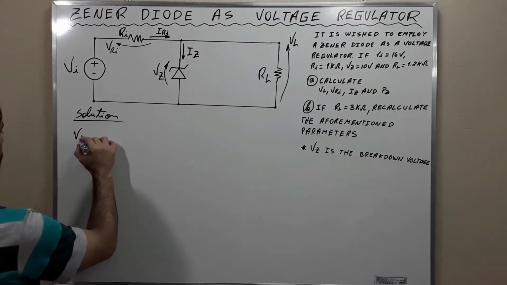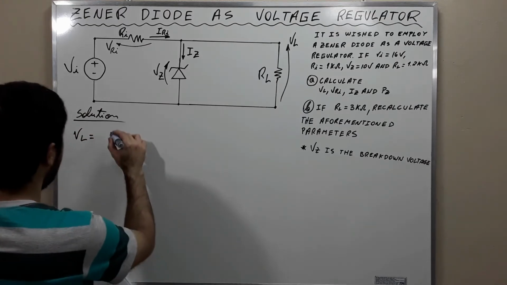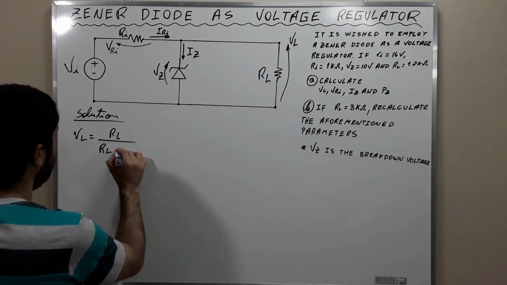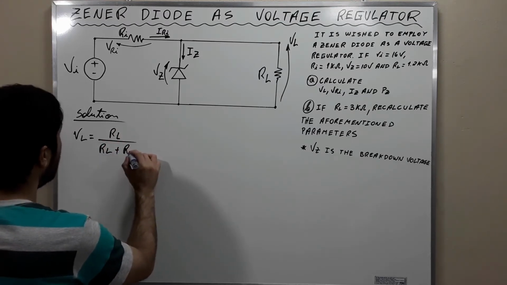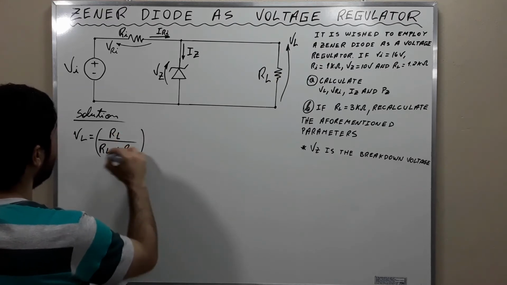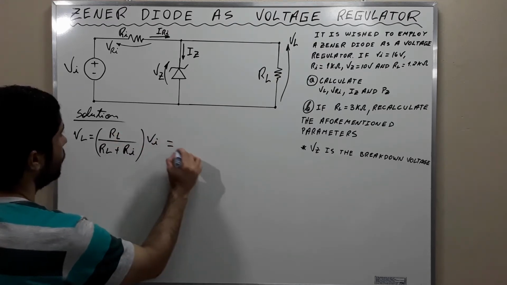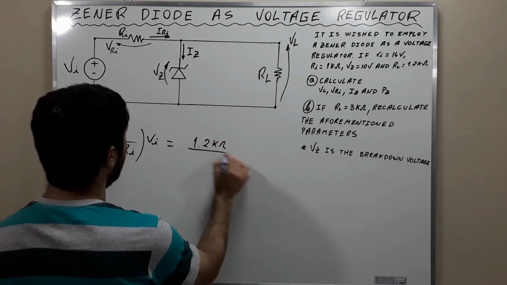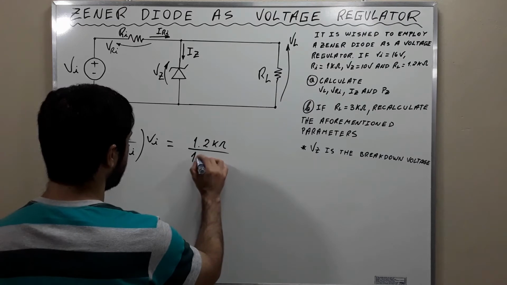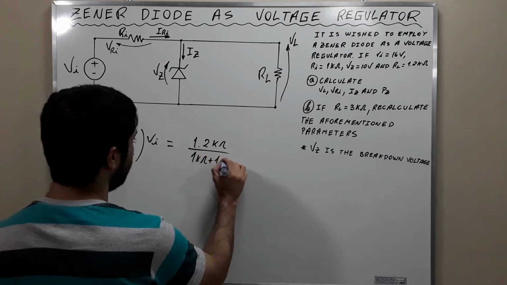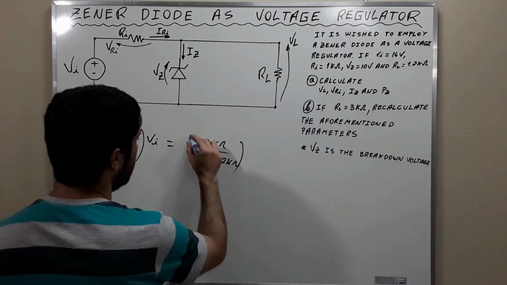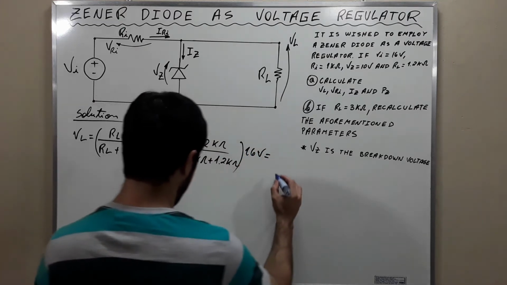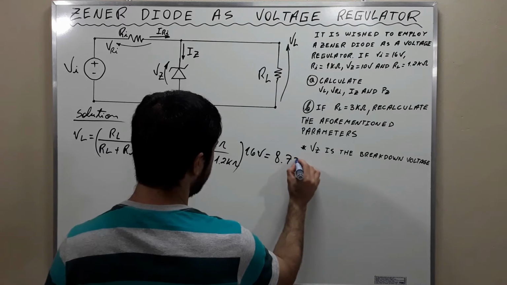VL will be equal to RL divided by RL plus RI times Vi, which is equal to 1.2 kilo ohms divided by 1 kilo ohm plus 1.2 kilo ohms times 16 volts, which is equal to 8.73 volts.